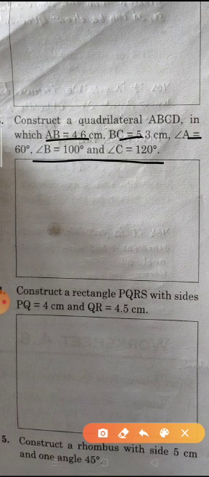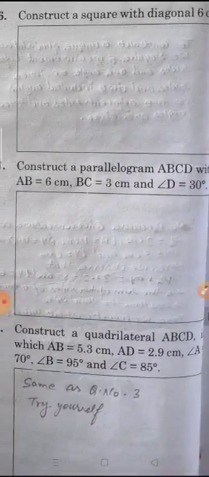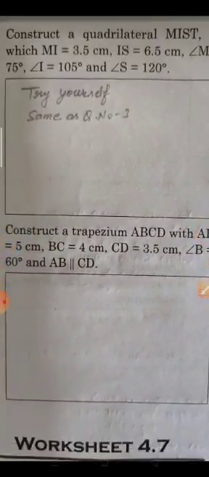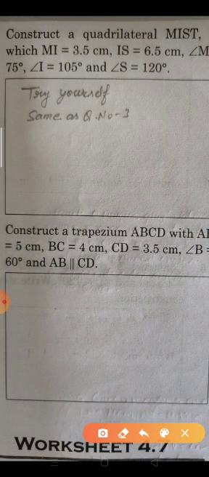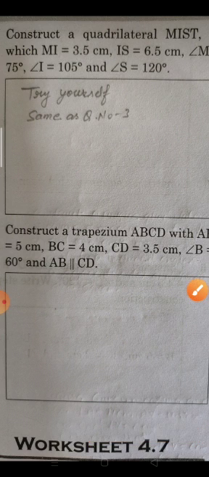So students, you can draw these angles with the help of question number 3. You have to construct it yourself. And question number 9 is also the same as question number 3. It also has 2 sides and 3 angles given. So try to construct. If you have any problem constructing these questions, you can ask me.